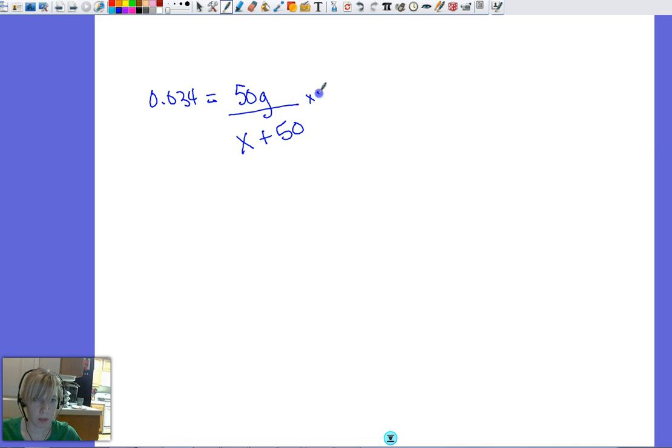I'm going to multiply both sides by x plus 50. And that gives me 0.034x plus 50 times 0.034. 50 times 0.034 gives me 1.7, equaling 50 minus 1.7.